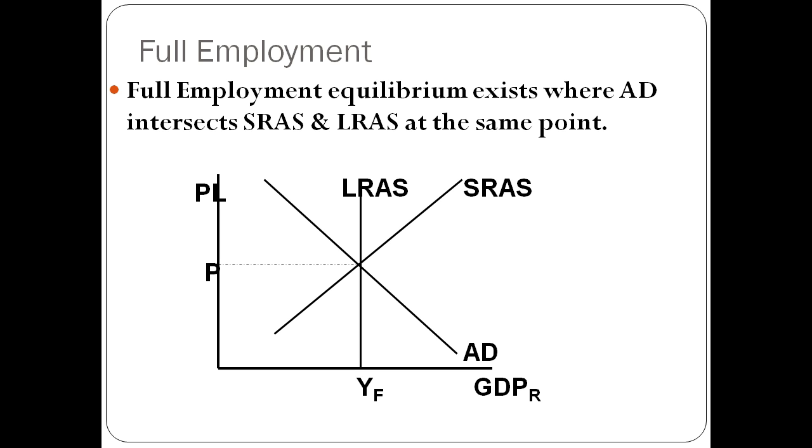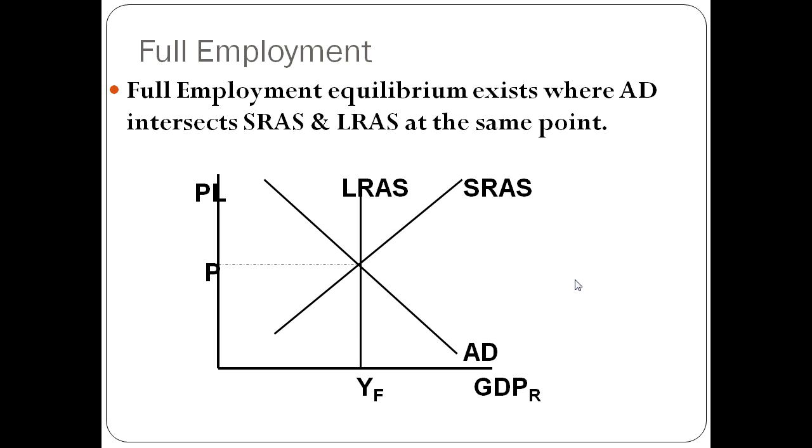We have our downward sloping aggregate demand curve and our upward sloping short run aggregate supply curve, and because we're at full employment, those are intersecting at full employment output, represented by the variable YF. At full employment output, you have 5% unemployment and complete efficiency.